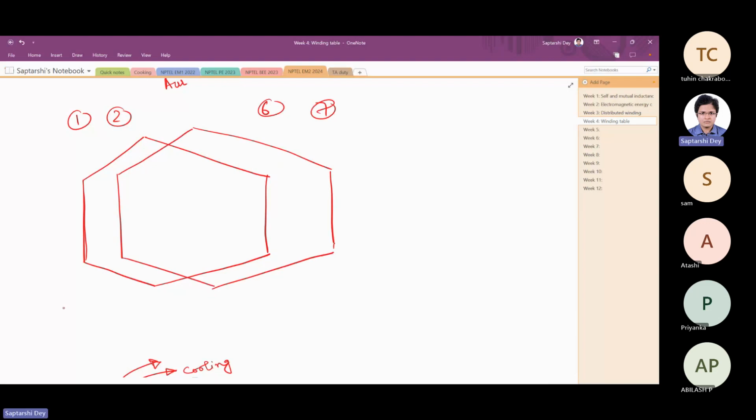Now connections are shown like this. One wire will be here, here, here, and here. So these show the respective coil ends, and so these coils, the winding starts like this, goes from here, winding is complete, comes out, and the connection goes here.